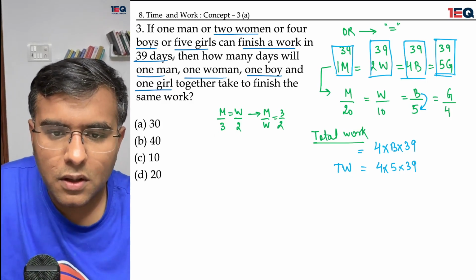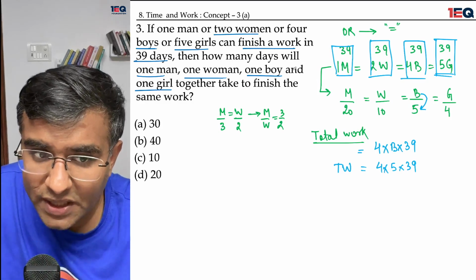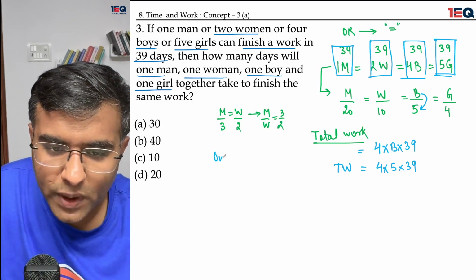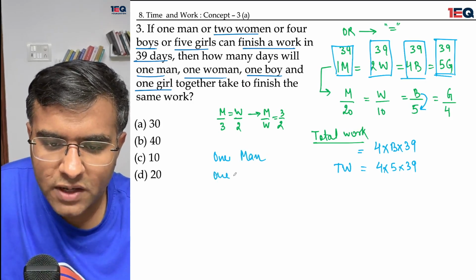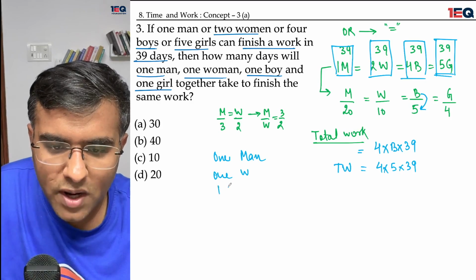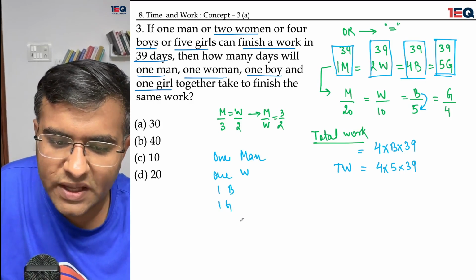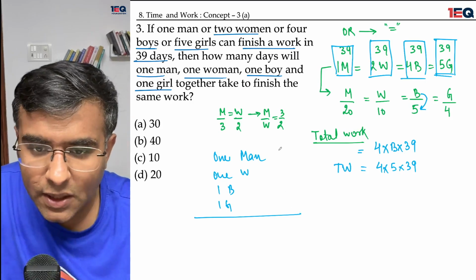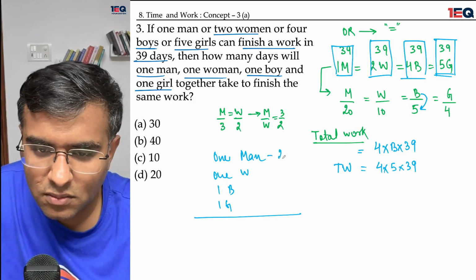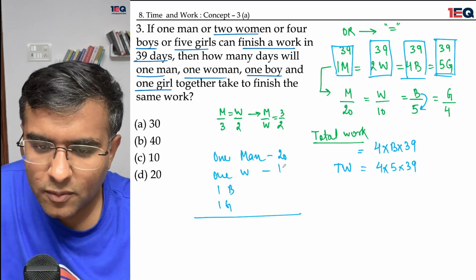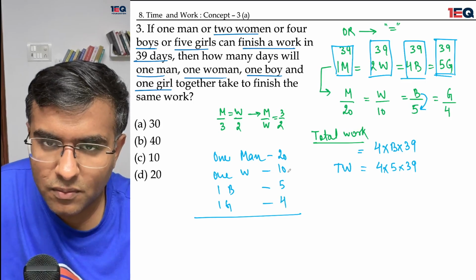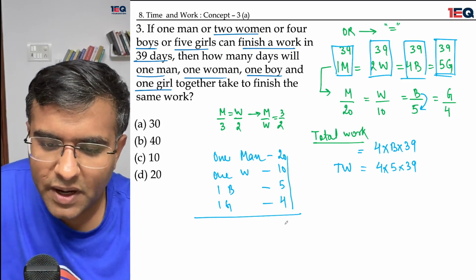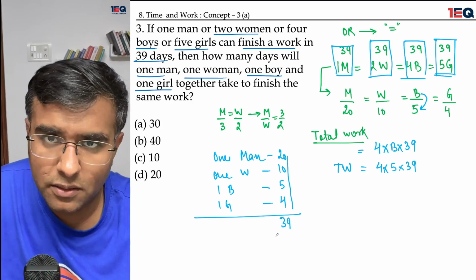Right? Now, the question says, then how many days would it take for one man, one woman, one boy, and one girl together? I'll quickly write down their efficiencies right alongside: 20, 10, 5, and 4. When I add all of them up, I get the value as 39.